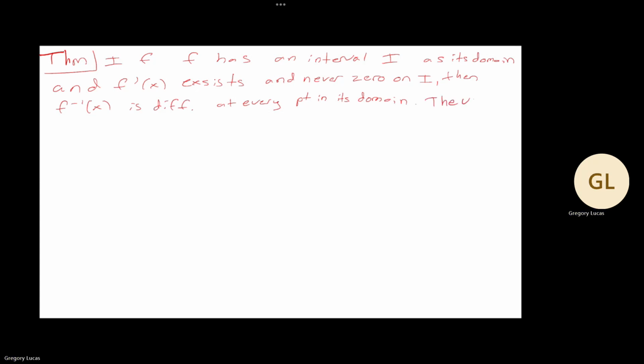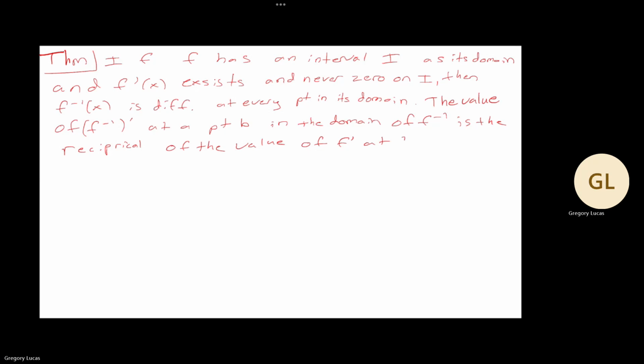But more specifically, the value of f inverse prime at a point B in the domain of f inverse, so in a point B in the domain, is the reciprocal of the value of f prime at the point A equals f inverse of B. Okay, so let's see, what does this mean?